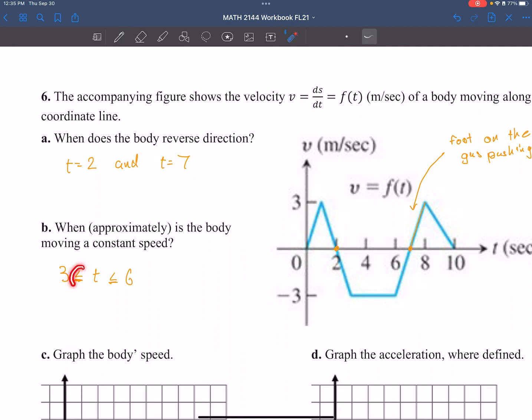In this case, we use equality because at this moment right here, there's no more acceleration. If there was some acceleration right here, you would have more motion going downwards. So the principle is that we use equality because at this moment there is 0 acceleration, so it is now moving at a constant speed.